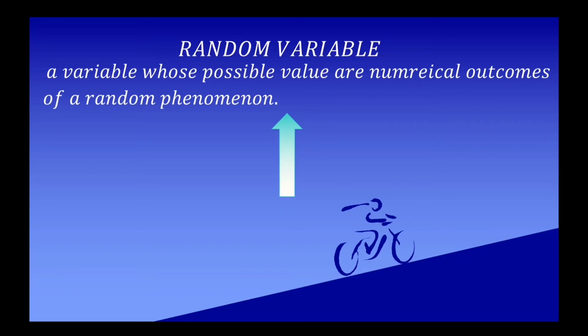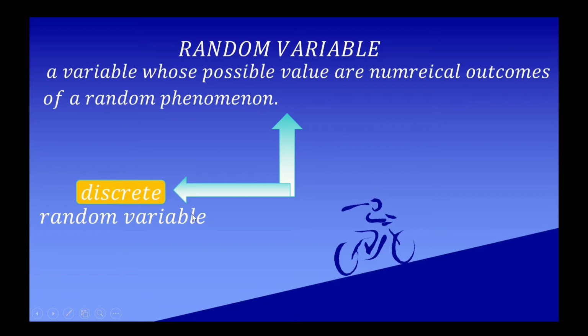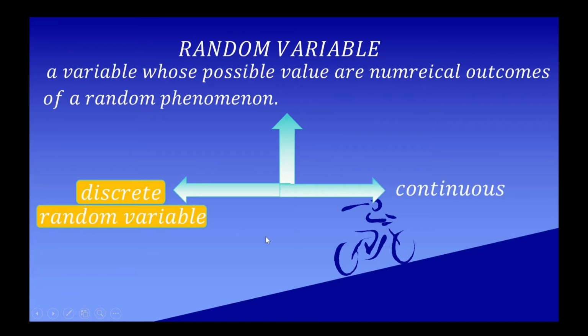We have two types of random variables here: the discrete random variable, and the other one is the continuous random variable. And we will answer how do you describe these types of random variable, and how do you know whether a random variable is discrete or continuous. So let's differentiate the discrete and continuous.